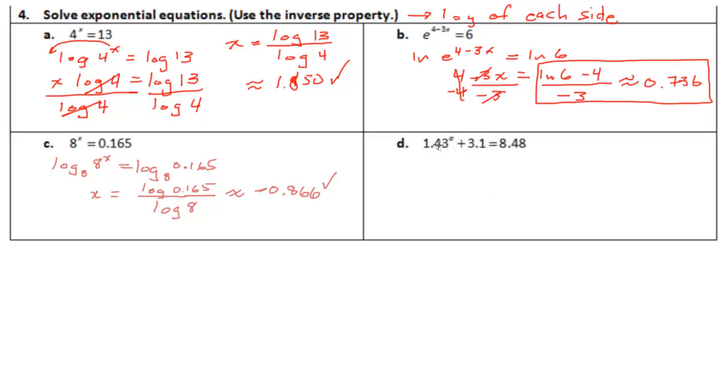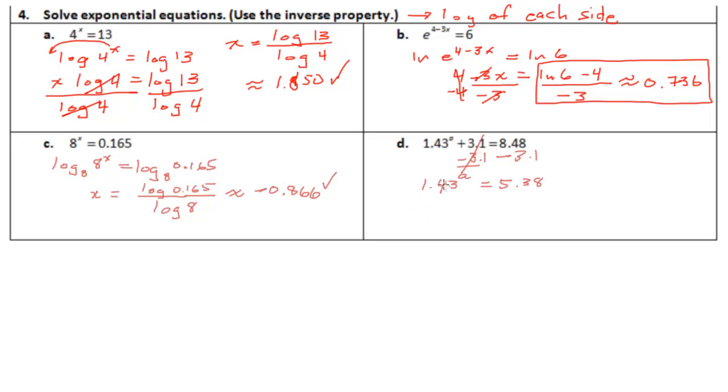Okay, and on this last one, this is 1.43 to the a power, a little hard to see, plus 3.1. Well, we want to isolate. It's going to cancel, and we get 1.43 to the a power equals 5.38. Now this is where it looks a little weird to use this last method, but it does work.